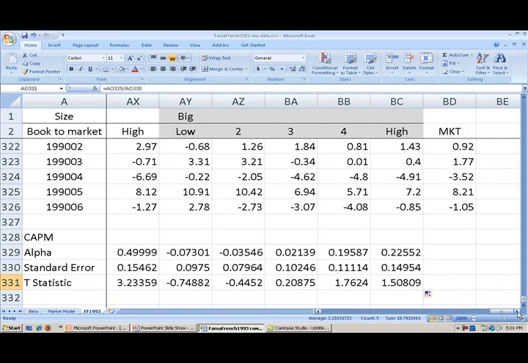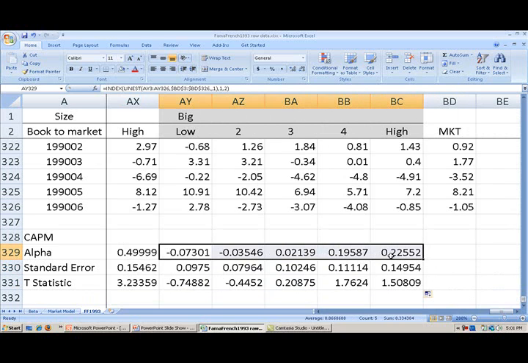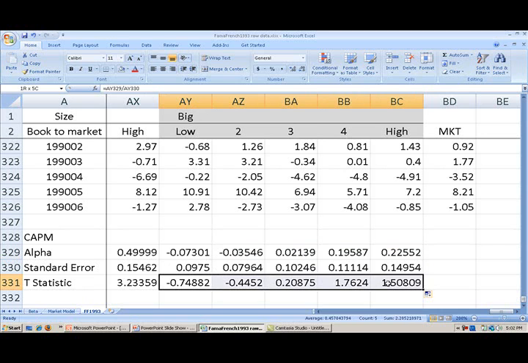Amongst the largest firms, the same pattern is still there. The alpha coefficients are increasing as we go to high book-to-market firms. But now amongst the large firms, the t-statistics in absolute value are not greater than 2.